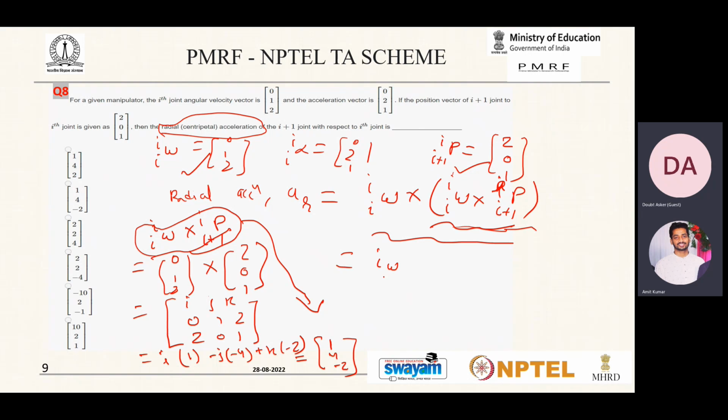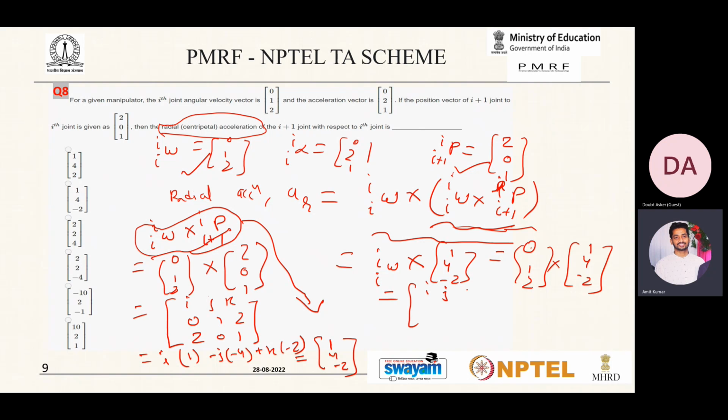So now we have to find omega i cross 1, 4, minus 2, where omega again is 0, 1, 2. So if we write it in terms of i, j, k, we have 0, 1, 2, 1, 4, minus 2. We'll get i times minus 2 minus 8, that is minus 10.